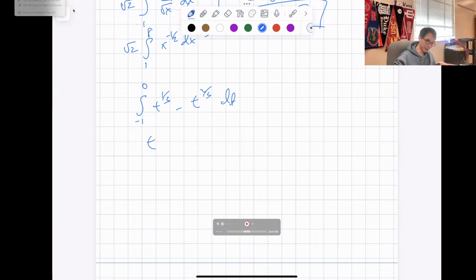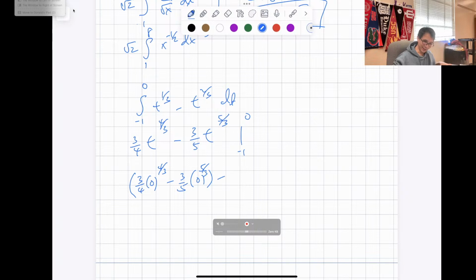So that's going to be t to the plus 1, so it's going to be 4 over 3, times 3 over 4, right? Minus t to the 5 over 3, times 3 over 5, between negative 1 and 0. So if I plug in 0, it's just going to be 0. But I'm going to write it out.